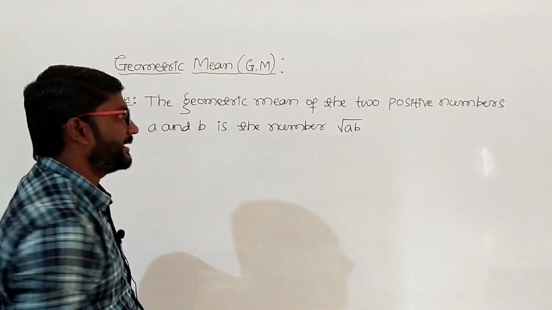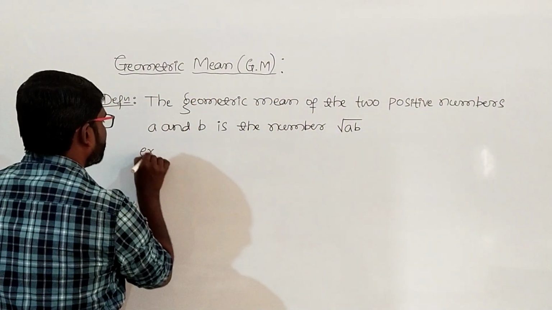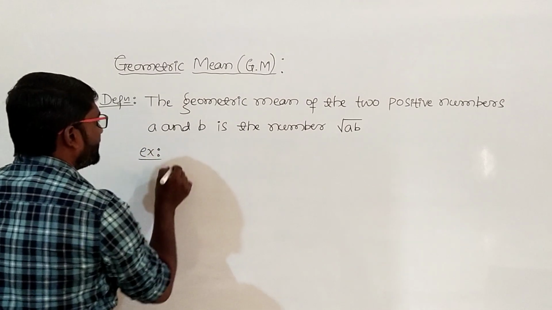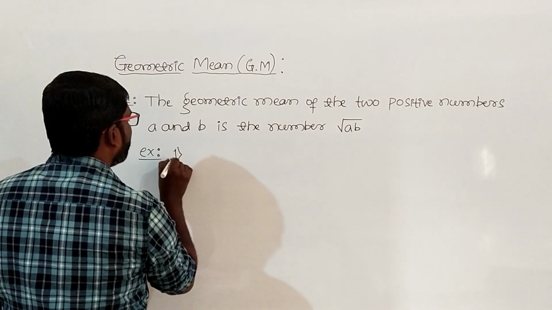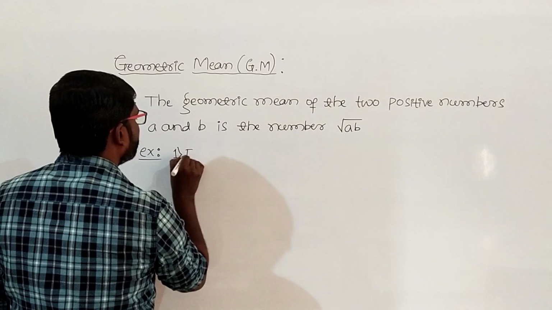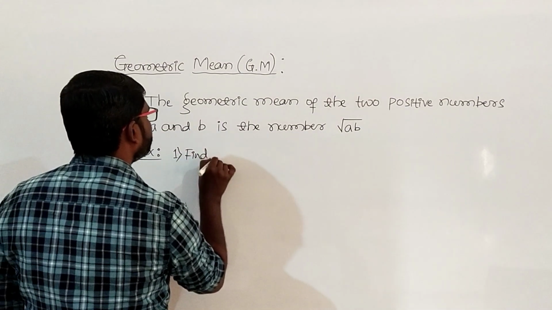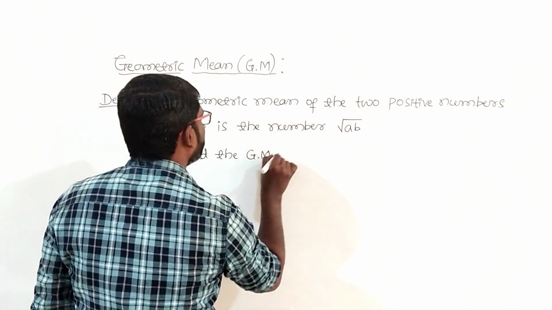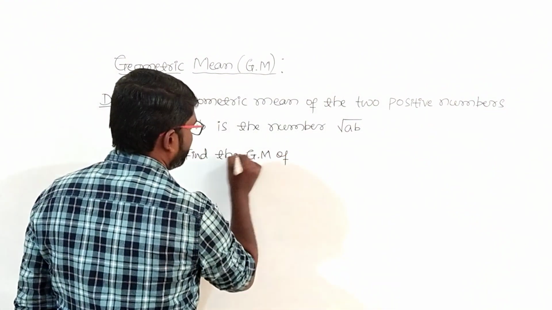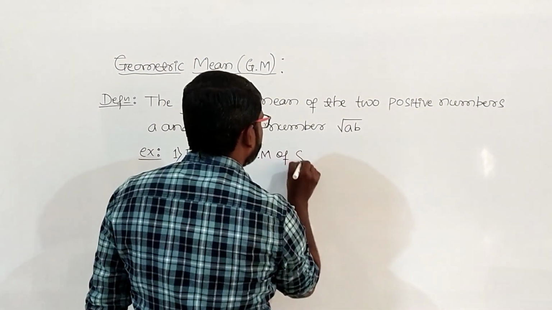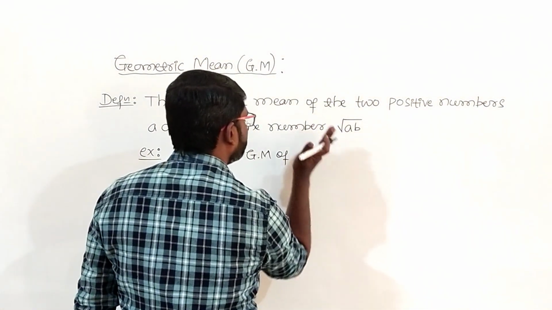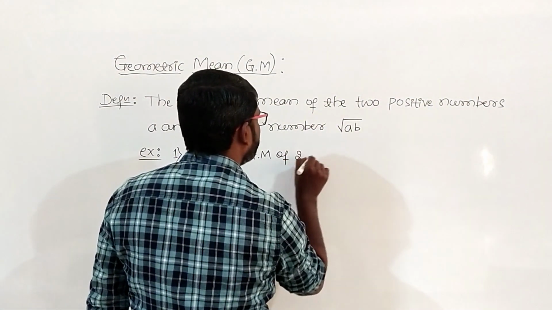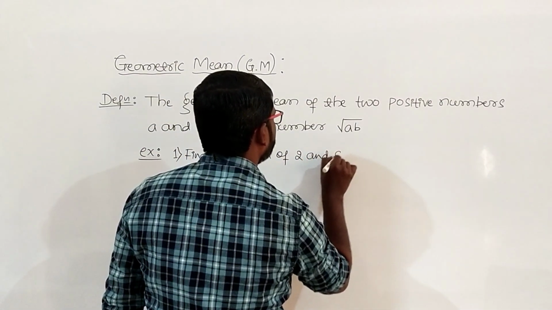Let me take an example now. Find the geometric mean of 2 and 8.